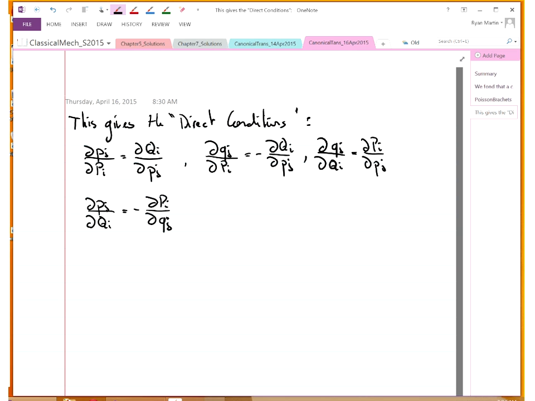And if I'm mixing letters of the alphabet, then I have a minus sign. So the second and fourth equations have a minus sign. Those are completely arbitrary rules that I'll use later, so I won't have to memorize the equations.